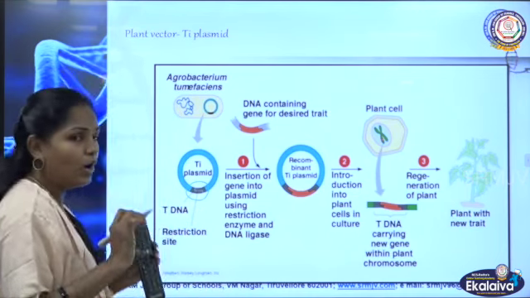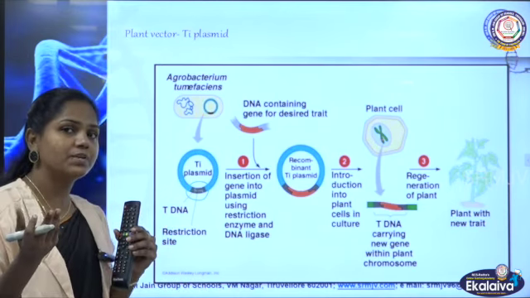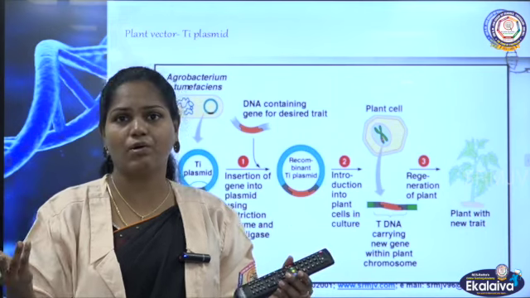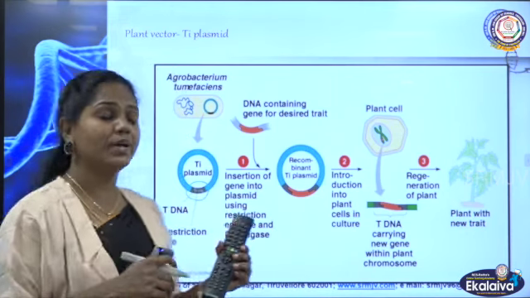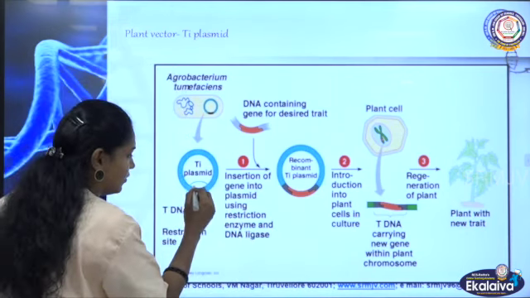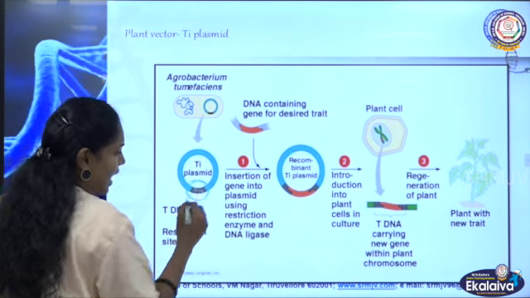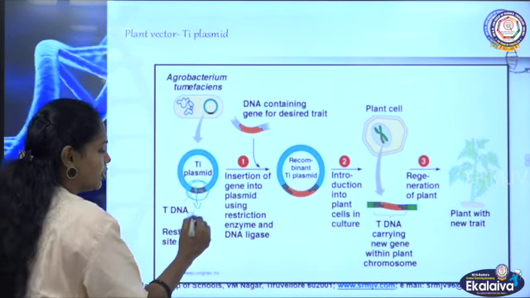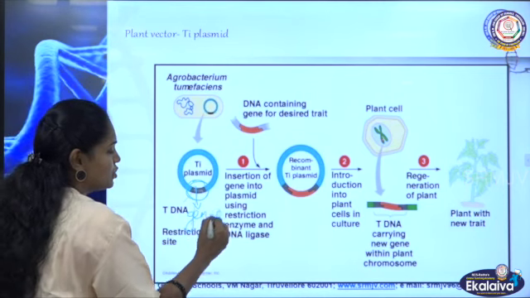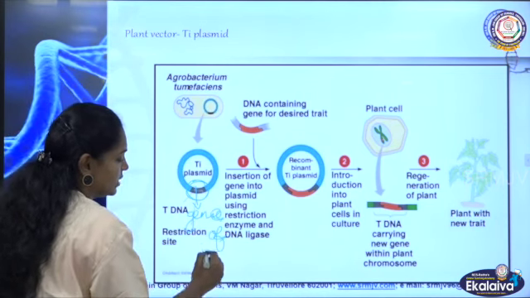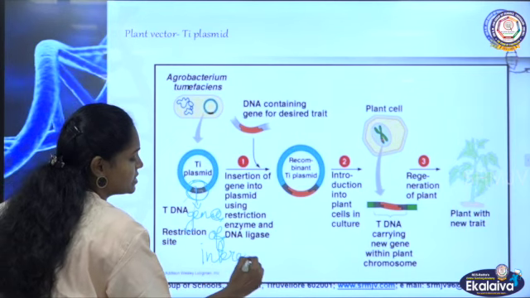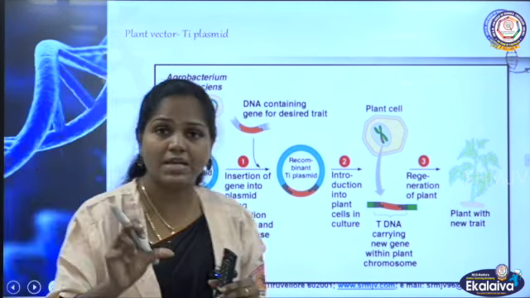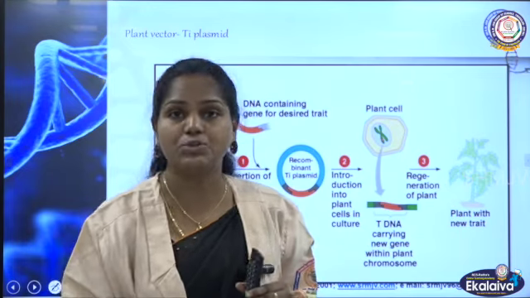You can ask me the question: when this Ti plasmid is introduced into the plant body, it can cause crown gall disease, so how are they making it work? Exactly in this place they insert our gene of interest. When our gene of interest is introduced into that particular segment, the T-DNA gets inactivated.